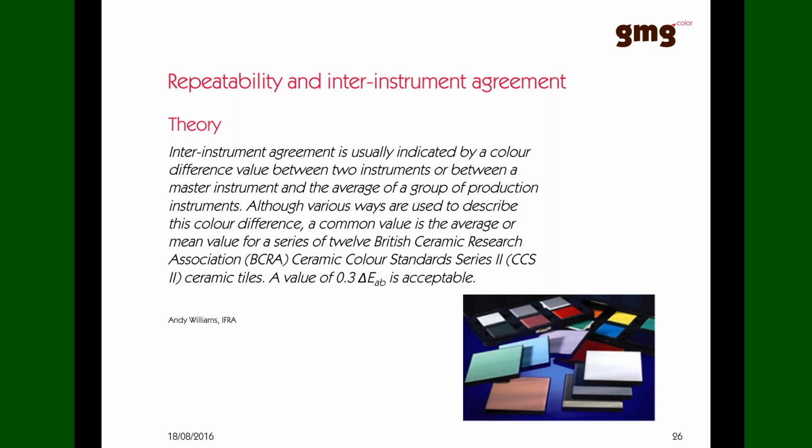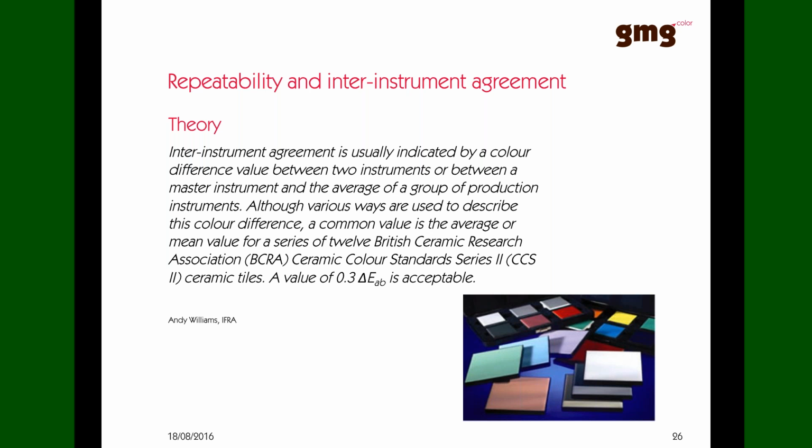Although various ways are used to describe this color difference, a common value is the average or mean value for a series of 12 British Ceramic Research Association Ceramic Color Standard Series 2 ceramic tiles. A value of 0.3 delta E is acceptable.